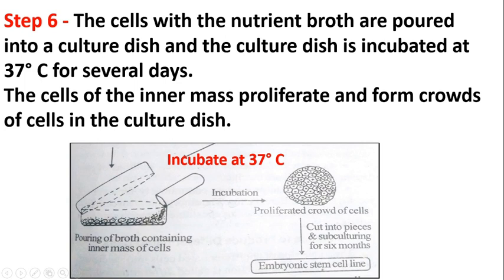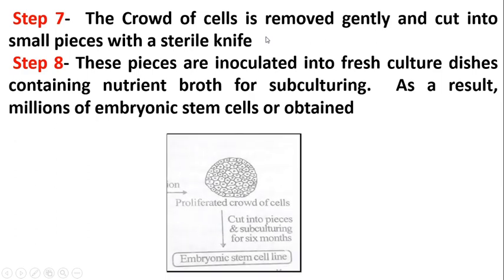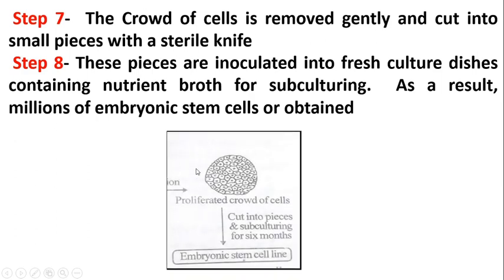Okay, and now step 7. What you can do? You can remove this crowd of cells gently and cut into small pieces with a sterile knife.